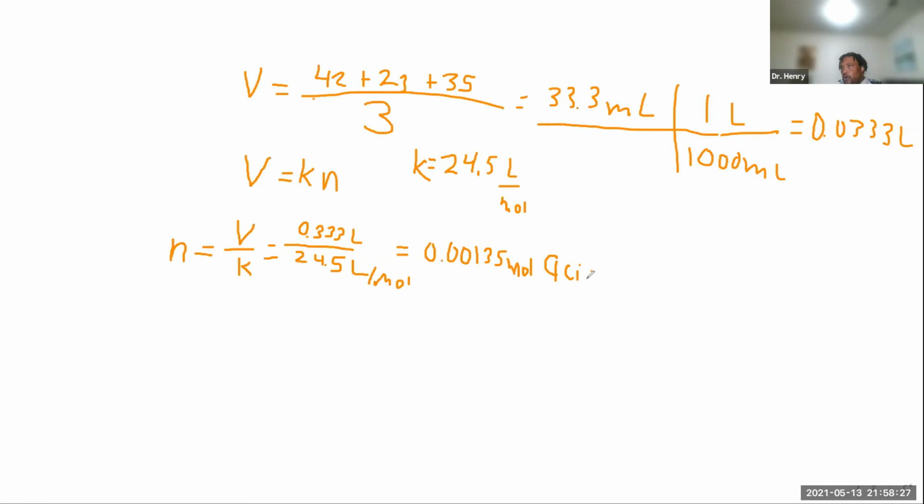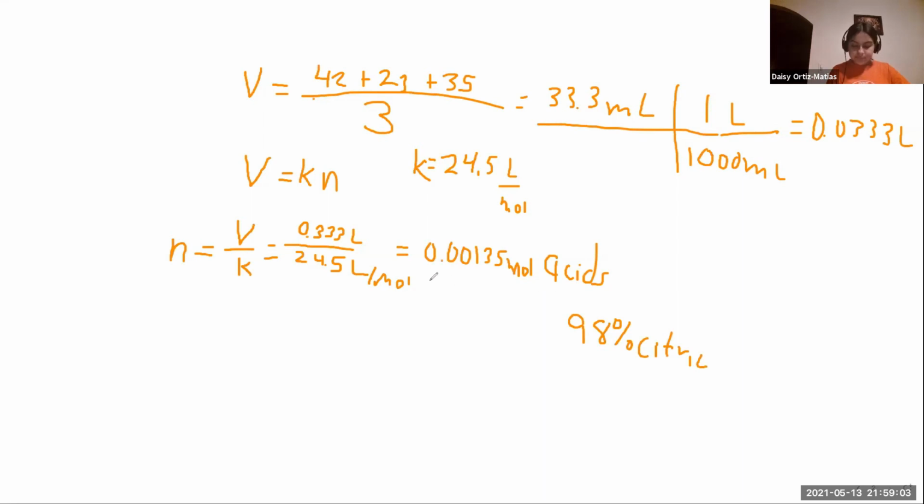Okay. So we also know that 98% of these acids are going to be citric, and 2% is going to be ascorbic. So if 98% is citric, how much of this is going to be citric acid? That's when I need to do what you did, right? So what would I do?